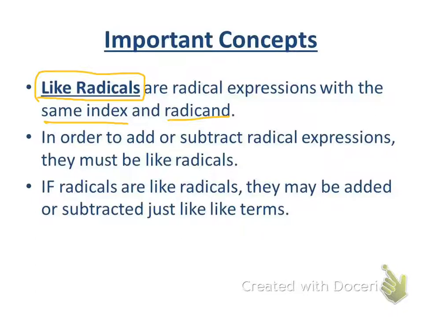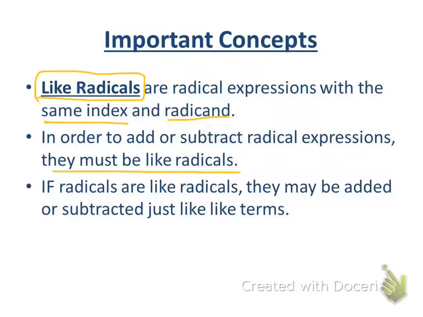So we're establishing what like radicals are. They have to have the same index and the same radicand. Cube root of 2x, cube root of 2x: same index, same radicand. In order to add or subtract radicals, they must be like radicals.